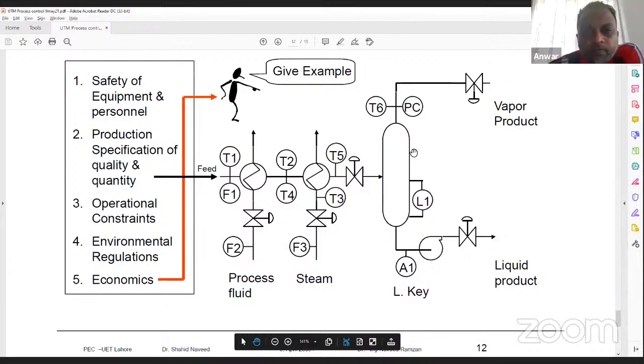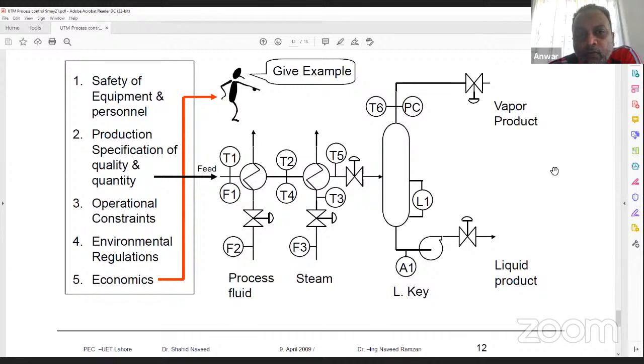Okay, so the role of a chemical engineer is important here to integrate the knowledge with other engineering fields such as electrical, instrumentation, and also mechanical, so that you can design the process from end to end with all these aspects in place: safety of equipment, the personnel specification, the quality aspect, the operational constraint, and the legal requirement aspect, and also the economics.